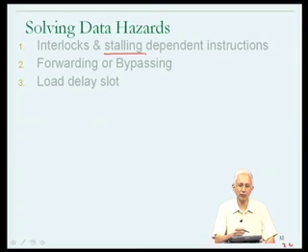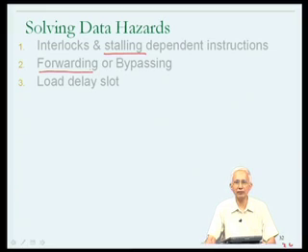Another possibility we saw was the idea of forwarding. If the result that the dependent instruction is awaiting is available, maybe not in the register file, but somewhere else in the processor, then if it can be provided through a short circuit path to the point where the dependent instruction requires it, there may be no need for the delay of stalling the instruction. And we looked at a special case for load instructions called the load delay slot.